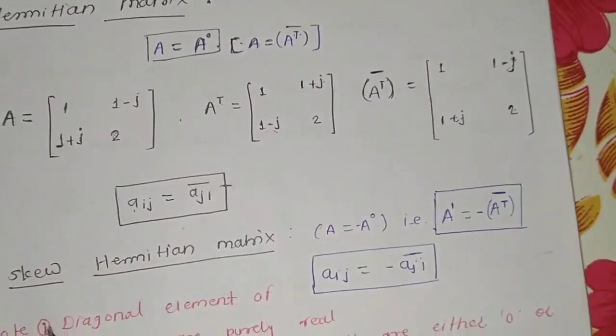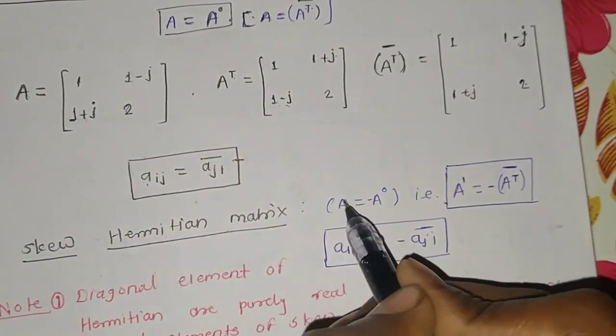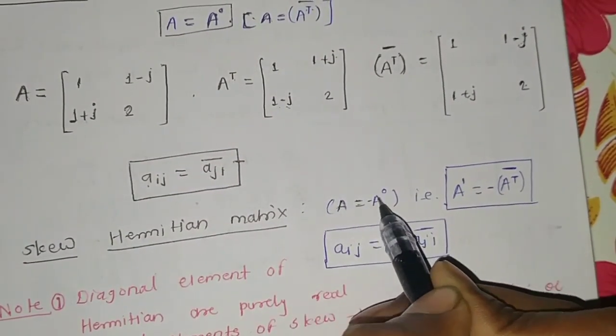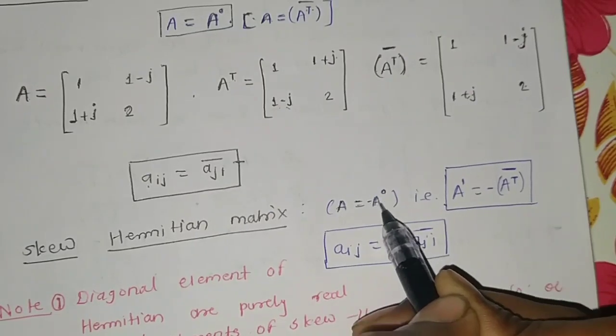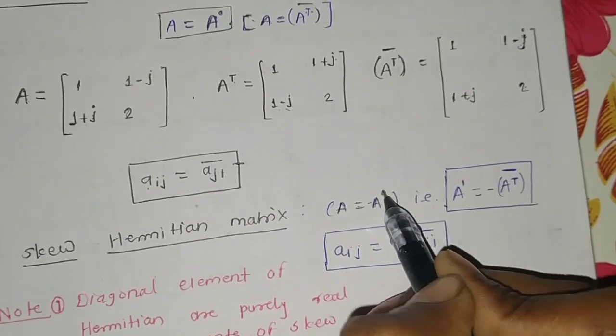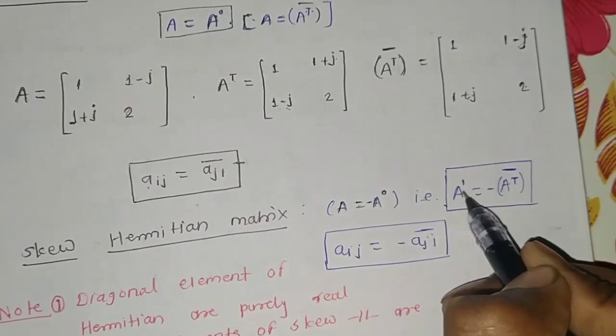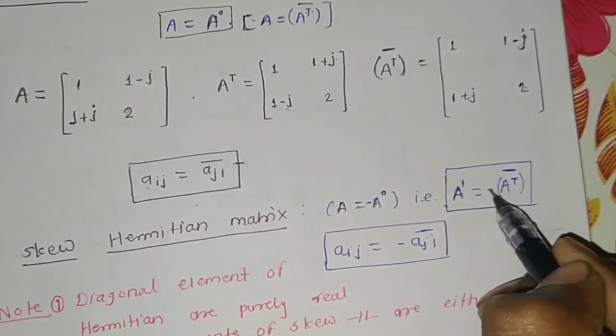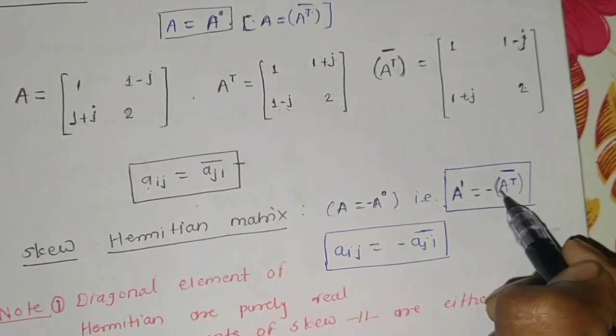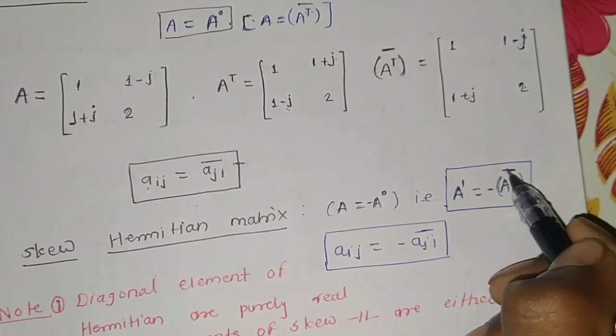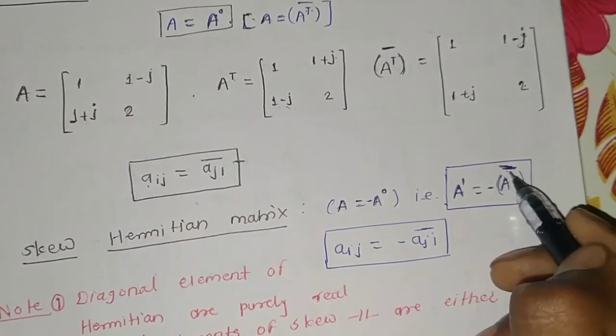Simple one. Okay, next one is skew Hermitian matrix, which means A is equal to minus A0, that is A is equal to minus of A transpose bar, that is conjugate.